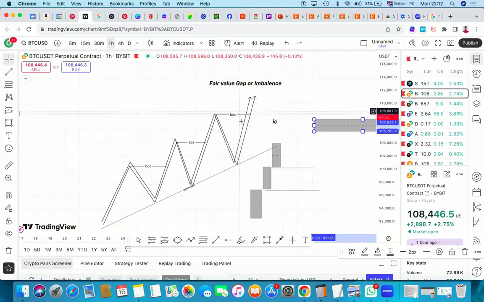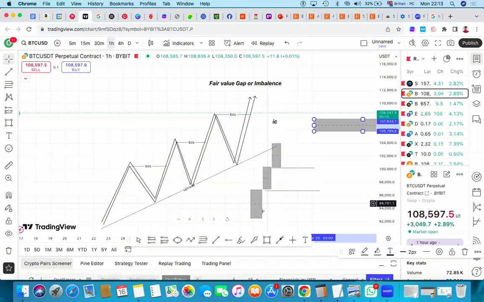For you to spot a good and correct fair value gap, there are things that you need to see in your chart. You are trying to spot institutional candles. When we say institutional candles, what is the definition of an institutional candle? That is why we were talking about the three Marabusu candles.